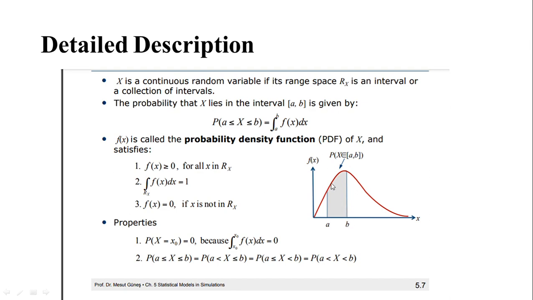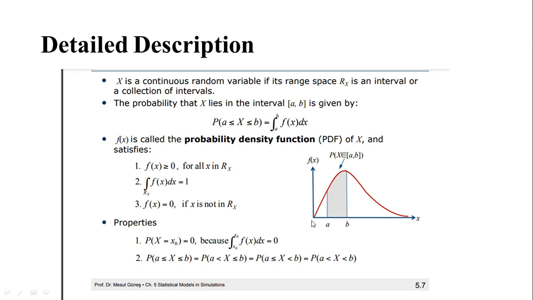If we integrate this f of x, we should get 1. Then f of x is equal to 0 if x is not in the region Rx. So if the random variable on the x-axis is outside A and B, it means that f of x is equal to 0.